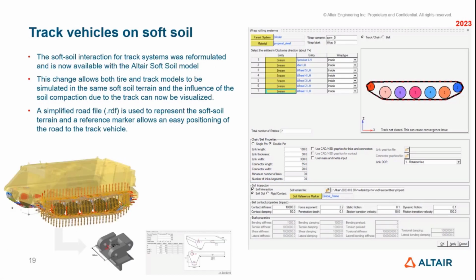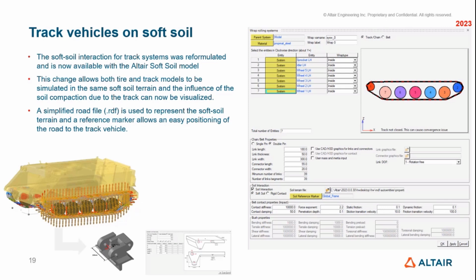Okay, another exciting feature that we included for the track was a modification of the soft soil interaction for the track system itself. In the previous release, we released the Altair soft soil model for tire applications, and now we are providing the same soft soil configuration for the track.